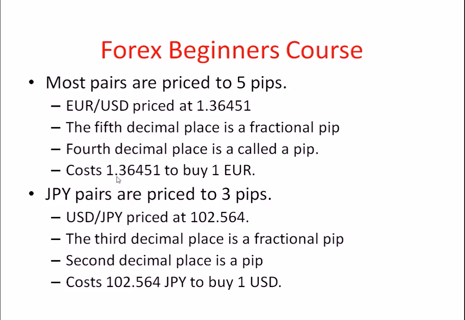And just to review again, what that means is for this pair, 1.36451 is how many US dollars it costs to buy 1 euro. This would be how many Japanese yen it costs to buy 1 US dollar. So you can always think of the first currency in the pair as 1, and then the actual price is how many of the second currency it takes to buy that one of the first currency.